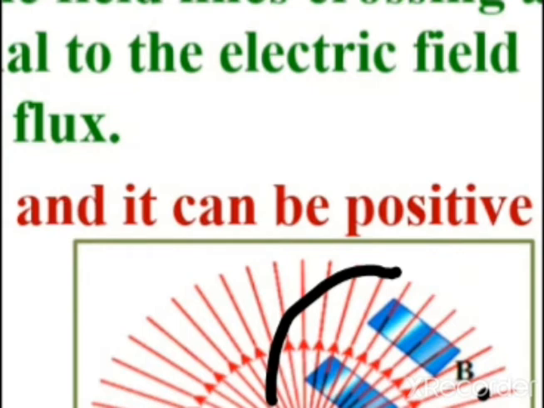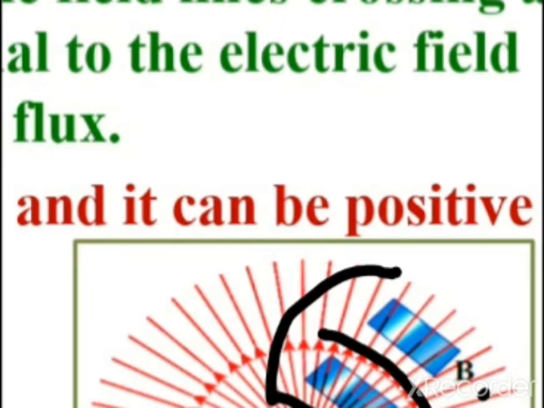Now the number of lines crossing these two areas: the number of lines crossing area A is more than that crossing region B. As the distance increases, the number of lines decreases, and so does the strength.